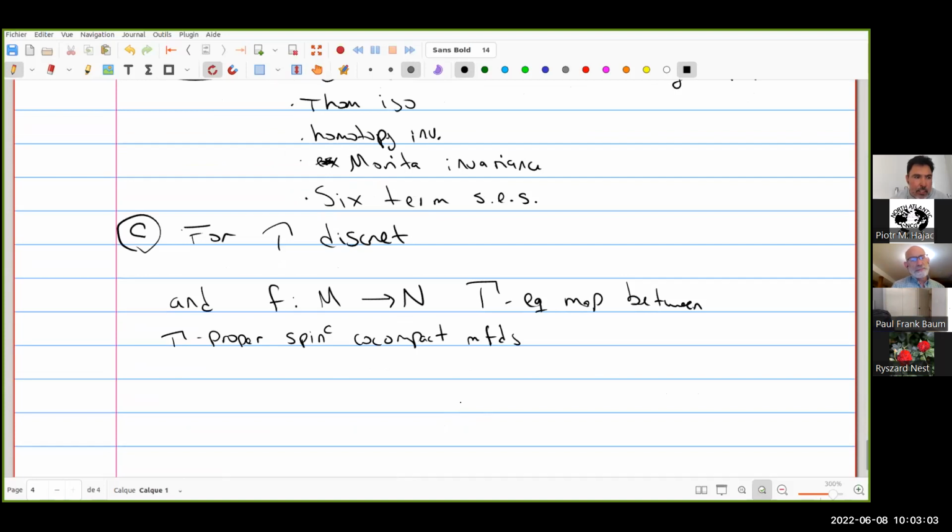again, what is key in this approach is that the deformation to the normal cone construction is functorial. The functoriality of the deformation to the normal cone construction implies that there is an action, there is a semi-direct product groupoid.